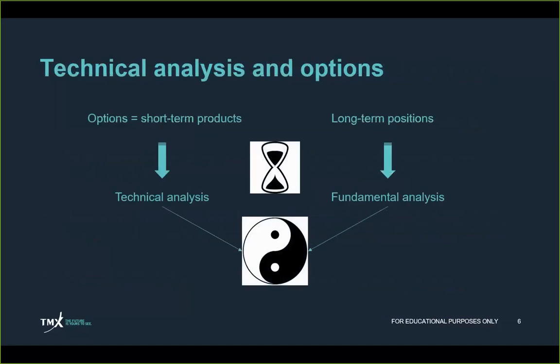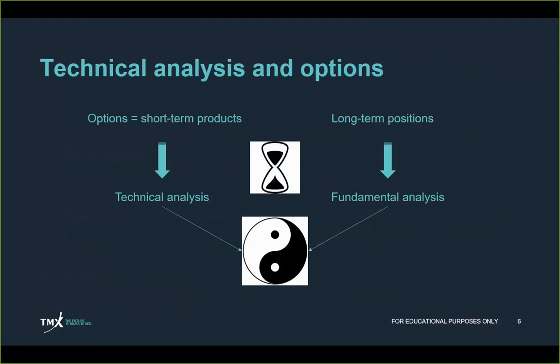All right, so technical analysis and options. Options tend to be utilized for short-term opportunities, whether it's to trade a directional bias, whereby you're buying a call or you're buying a put as a stock replacement strategy rather than shorting or going long the stock, or whether you're looking to sell options as a mechanism for generating cash flow, which are strategies that you've heard us talk about in various presentations.